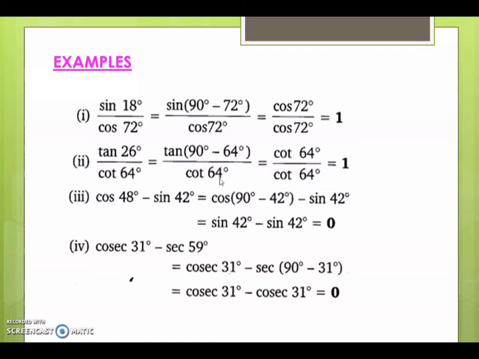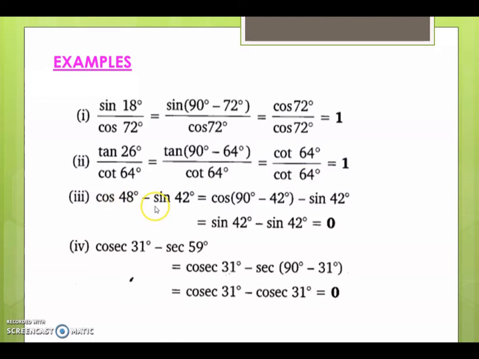Nothing will get cancelled. So, whenever you have a set of complementary angles, only one of the angles has to be changed in terms of the other. So, tan of 90 minus 64 only will be changed and cot 64 will remain as it is. So, it will become cot 64 by cot 64, which is 1.